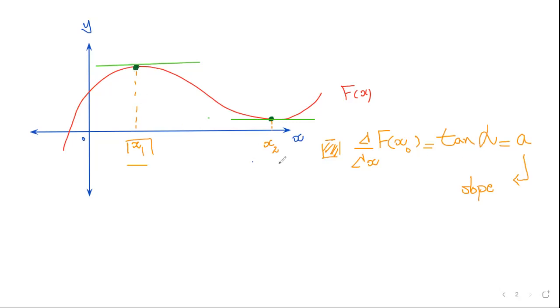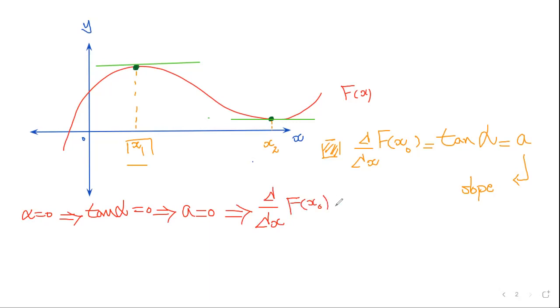It means that alpha is 0. If alpha is 0, it means that the tangent of alpha is also 0, which then means that the slope of the tangent is 0, but ultimately means that d over dx of f of x at that particular point is 0.